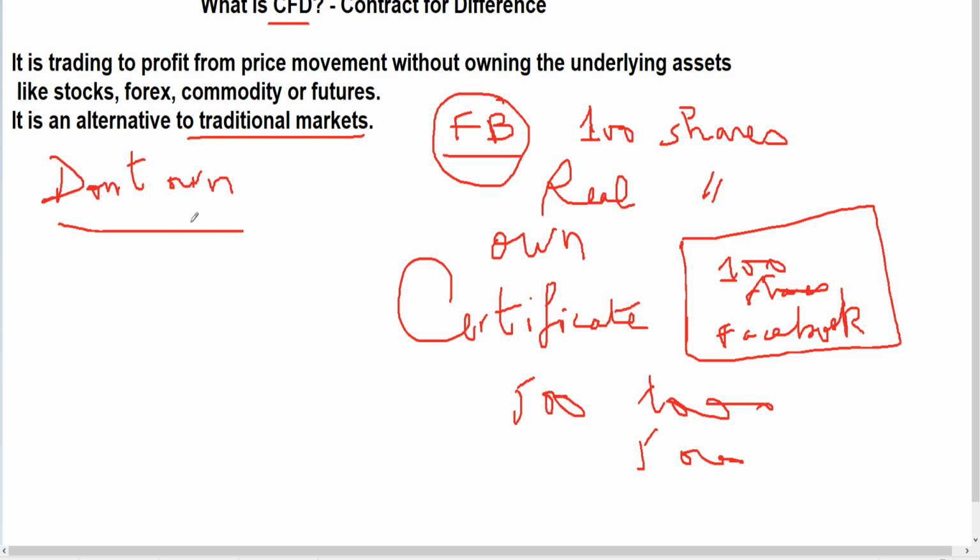Most Europeans do this CFD a lot, because, for example, they can't reach USA markets, and they can't buy Facebook or Twitter or Google or whatever stocks, or futures or commodities or currencies. They can't reach that, so this is an alternative.